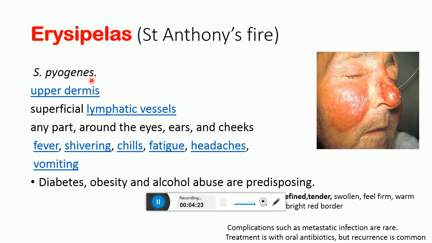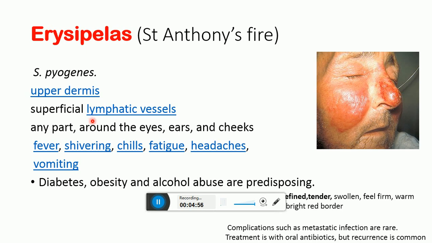It is an uncommon, acute, potentially severe dermal and superficial lymphatic infection. It is an infection of the superficial lymphatic vessels, caused by strep pyogenes.